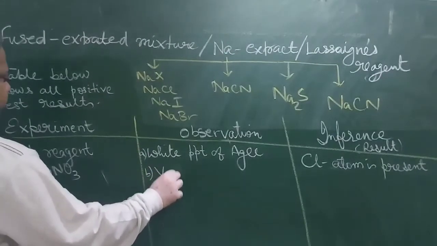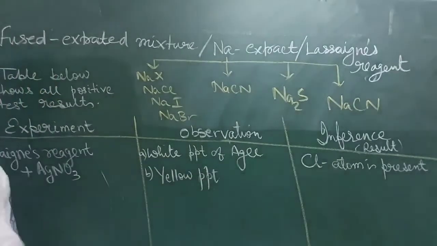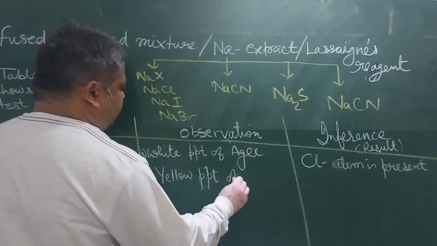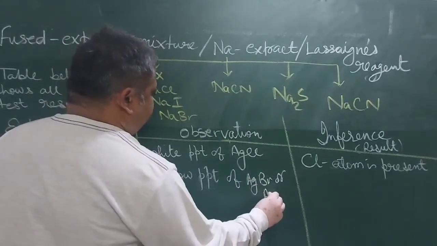If yellow PPT is obtained, this could be AgBr or AgI.